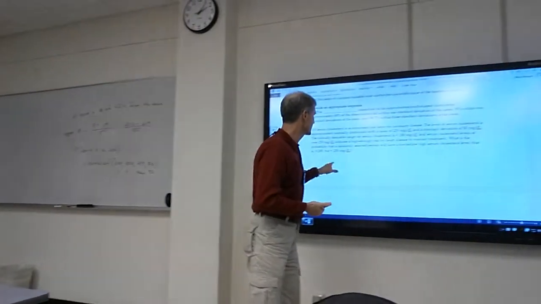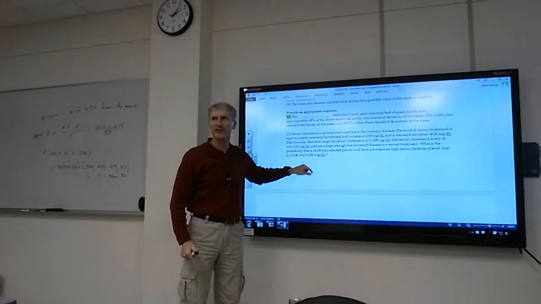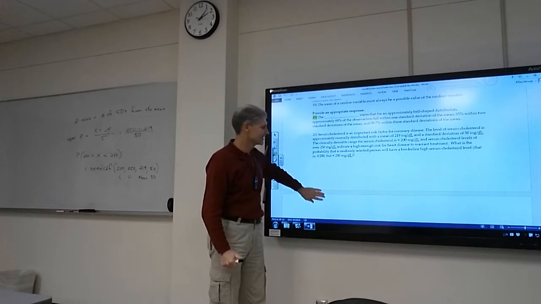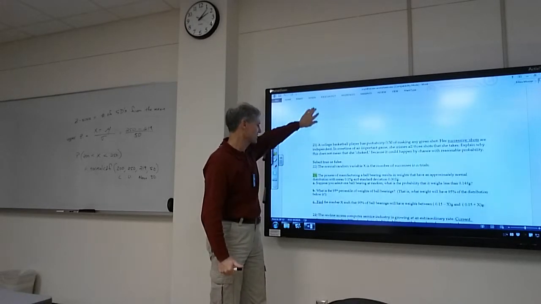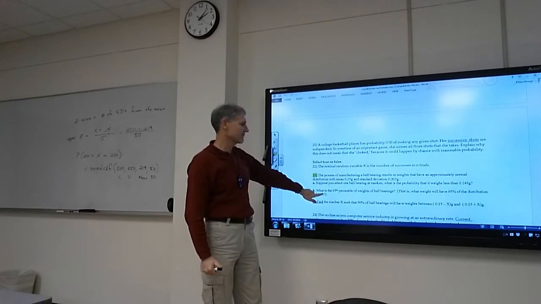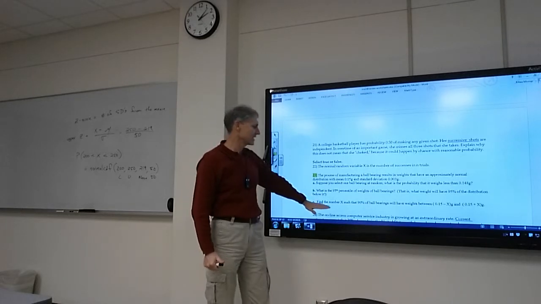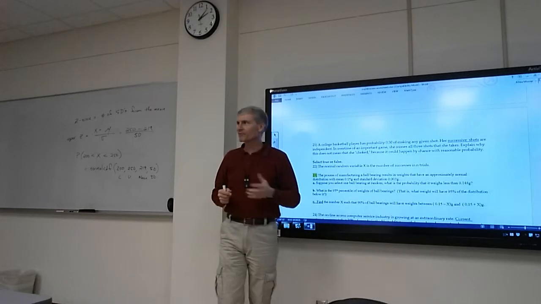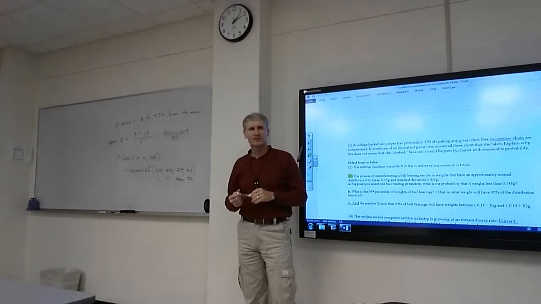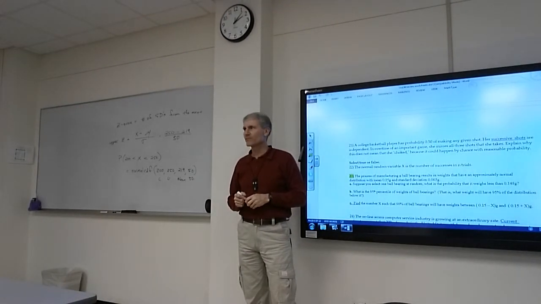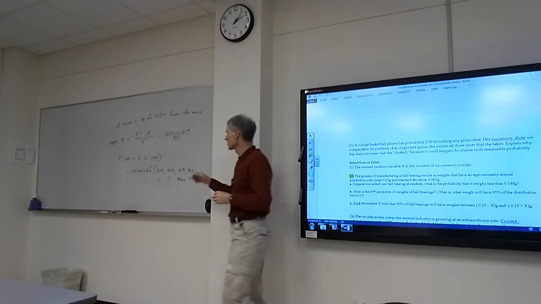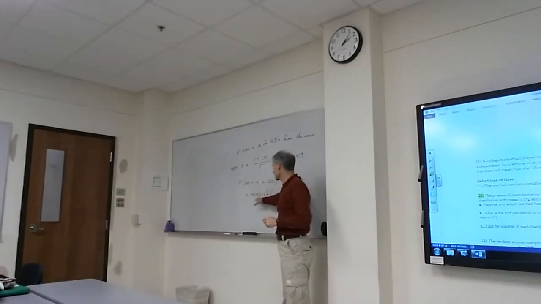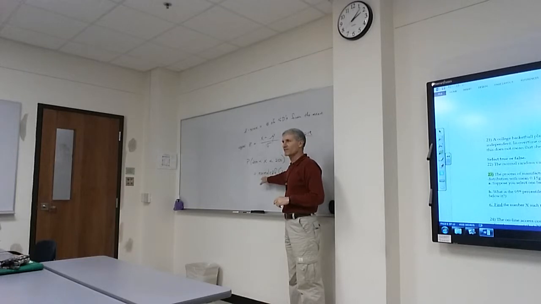Now, this question doesn't have it, but the one that I've assigned to you to do does, where it asks a question, what is the 95th percentile? Or find numbers such that so much percent is between. What function do you use to do those? The inverse norm function. So normal CDF is like the second one down on the list, and inverse norm is the third one down on the list.